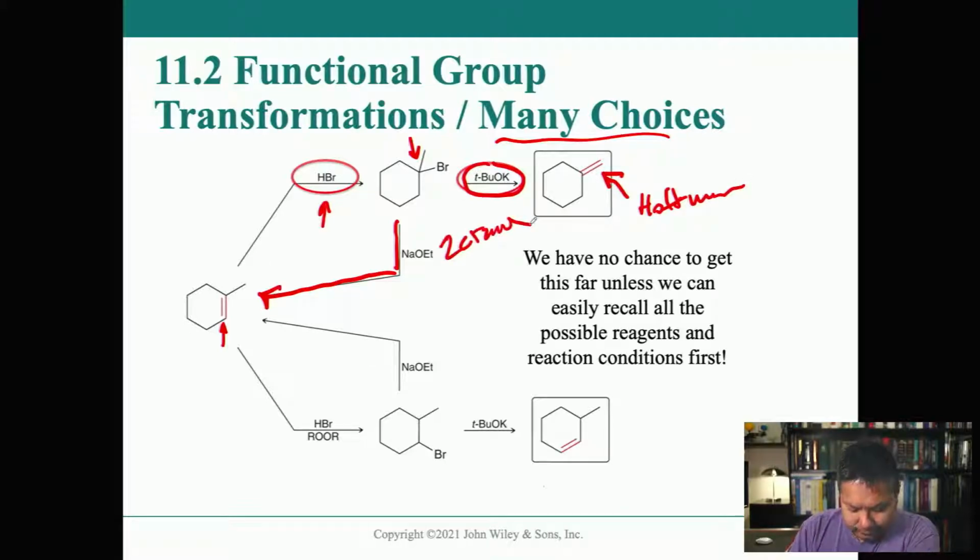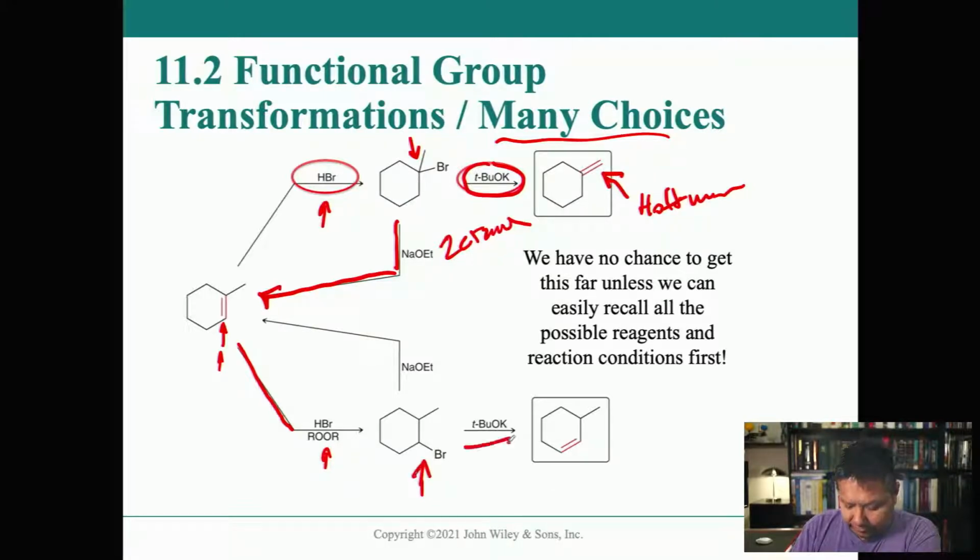Okay. Or you can go from this double bond, the alkene inside the cyclohexane, and do the hydrohalogenation in the presence of some tert-butoxide, hydrogen peroxide, and instead of doing an addition at the most substituted carbon, it will do the addition at the least substituted carbon, right there.